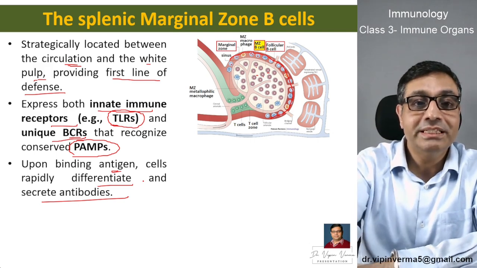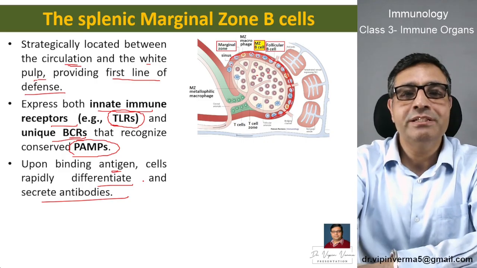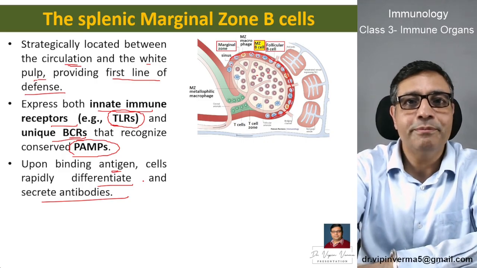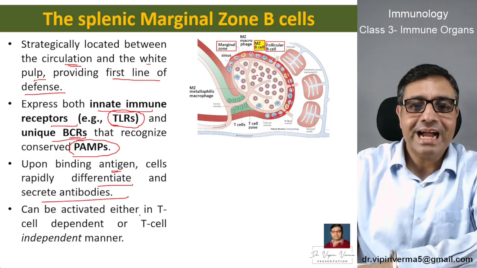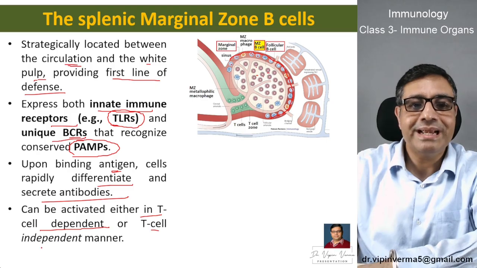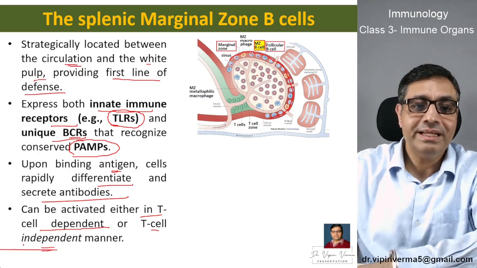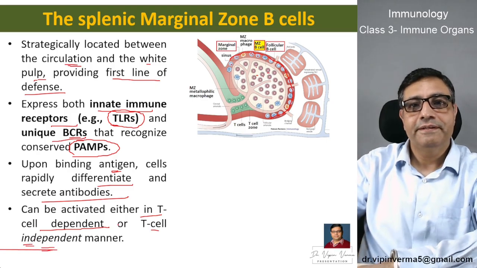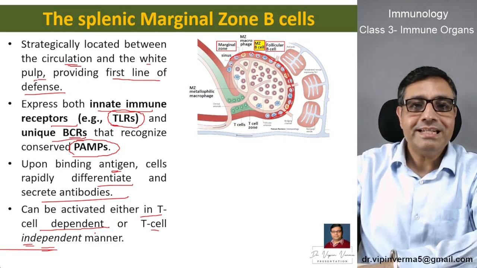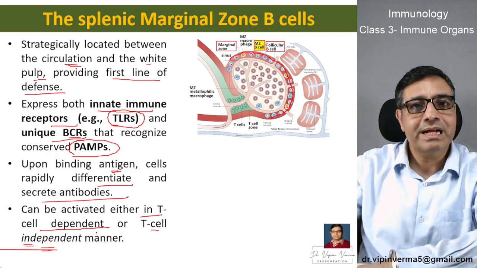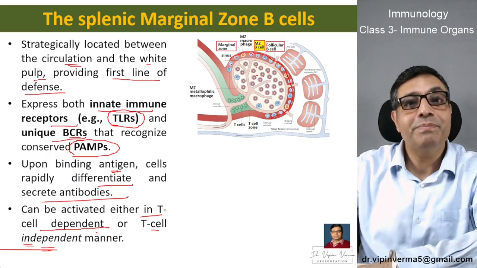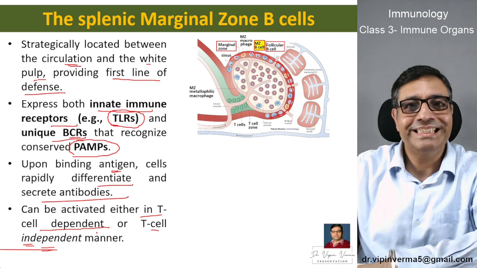So that is the major difference between the splenic marginal zone B cells and the regular B cells. Therefore they can be activated in either a T cell dependent or T cell independent manner. Remember this. That is the differential feature between the regular B cell and the splenic marginal zone B cell.